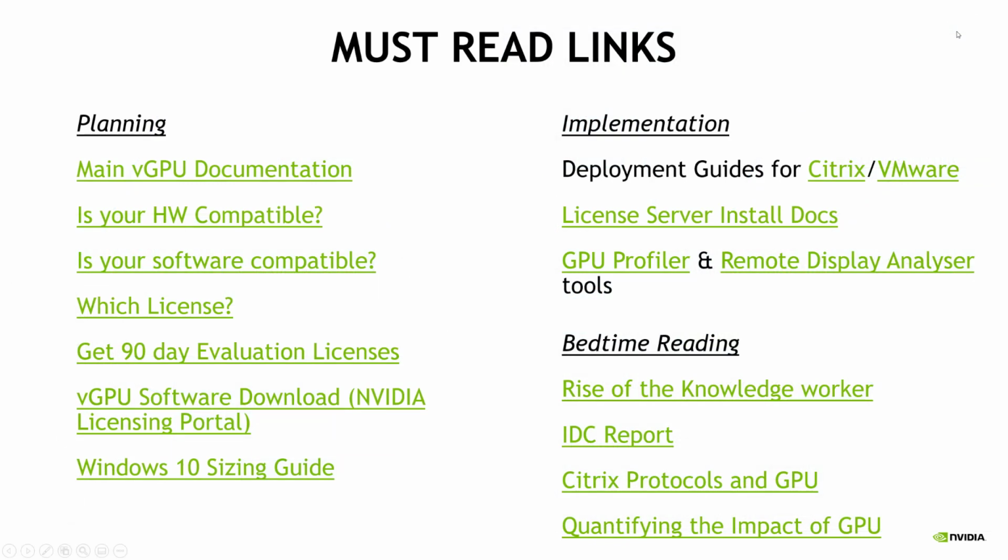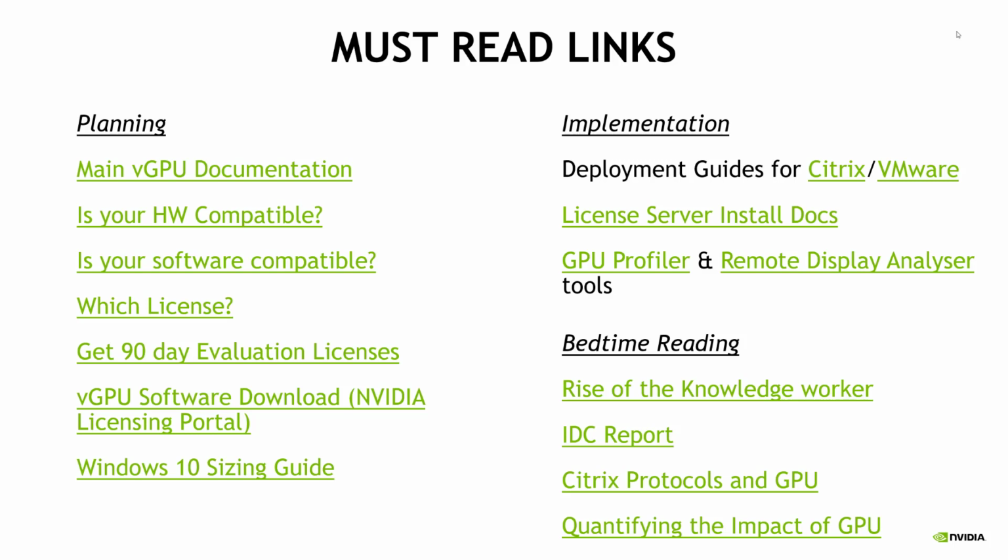Down at the bottom, what I'm going to make sure I do in this video is give you some of the best links you can go to find out more information about this stuff. One I definitely recommend is the main vGPU documentation. Always go there. It has all the versions of Grid, of virtual GPU. Is your hardware compatible? That's the link I called out earlier to the vendor sites. Is your software compatible? That's in the docs as well.